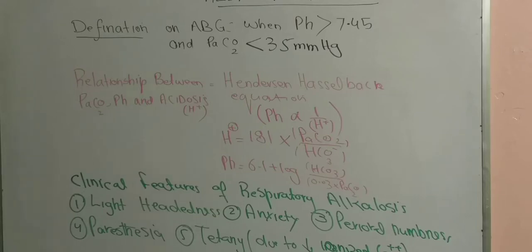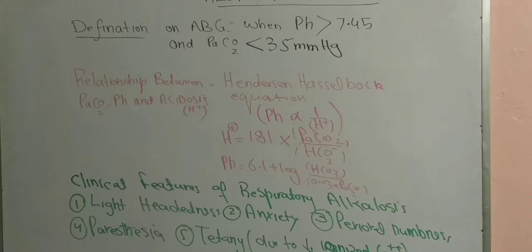Now let's see what is the relationship between the partial pressure of arterial carbon dioxide, pH, and the hydrogen ion. We'll have to turn again our attention towards the Henderson-Hasselbalch equation. From our previous discussion, we have seen that pH is the inverse log of hydrogen ion, because in our routine labs we cannot measure the hydrogen ion directly, and it is very easy to measure the pH.